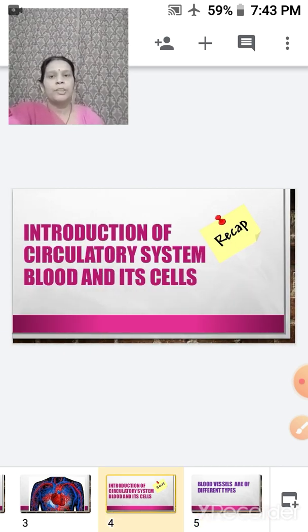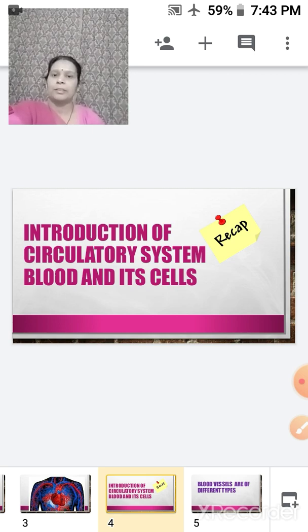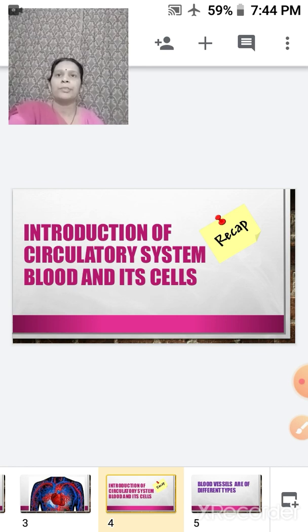So before starting, what is the circulatory system? As you know, in all the higher organisms, that means here we are talking of human beings, a transport system is needed to carry materials such as carbon dioxide, oxygen, and nutrients to the different parts of the body.